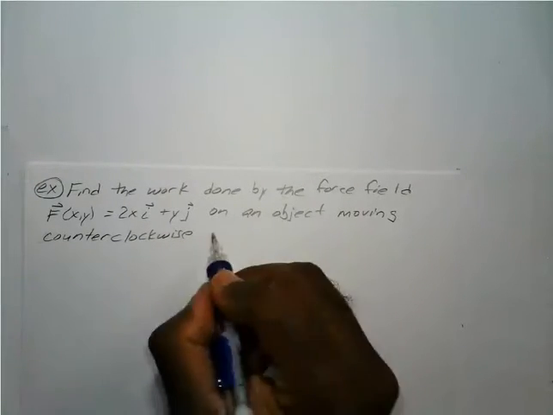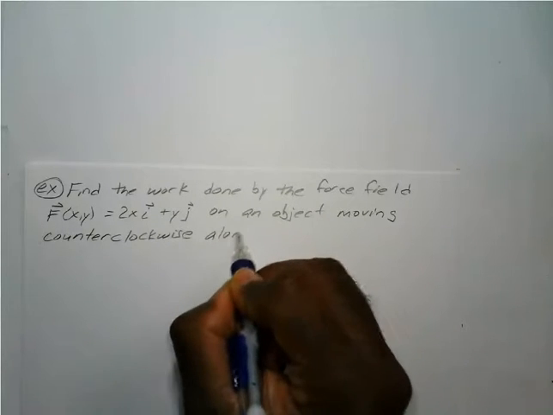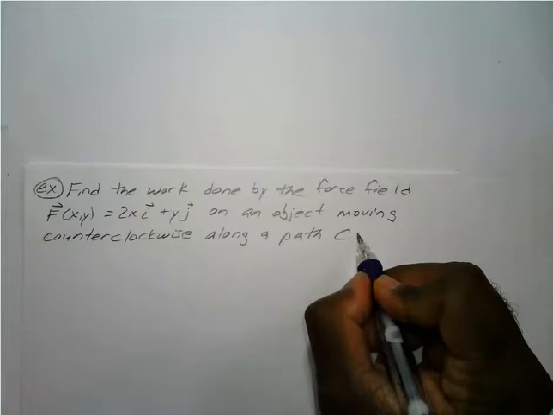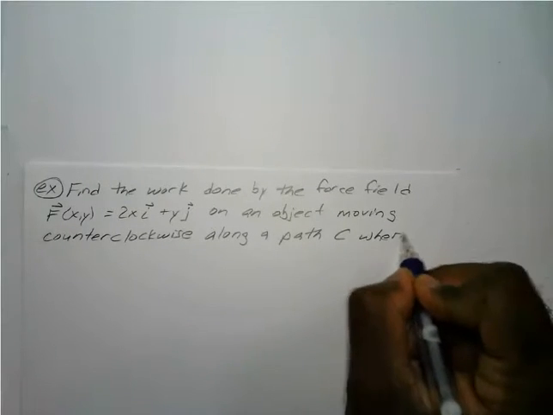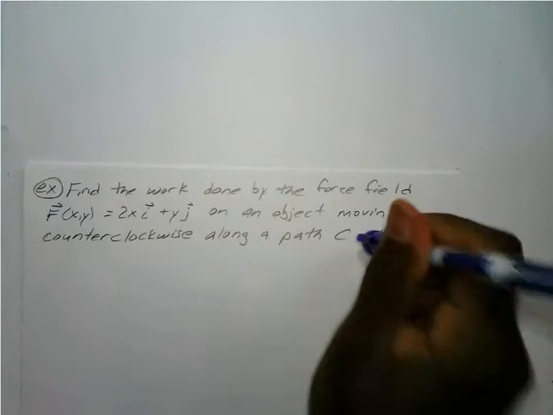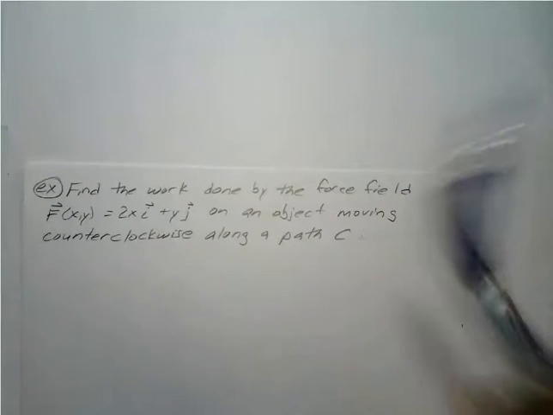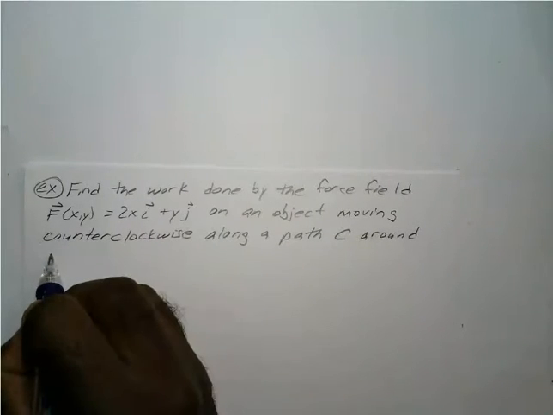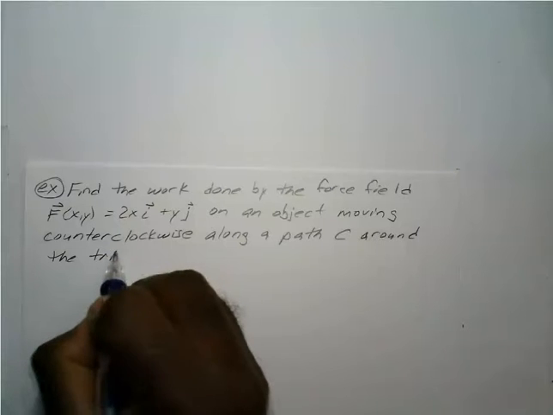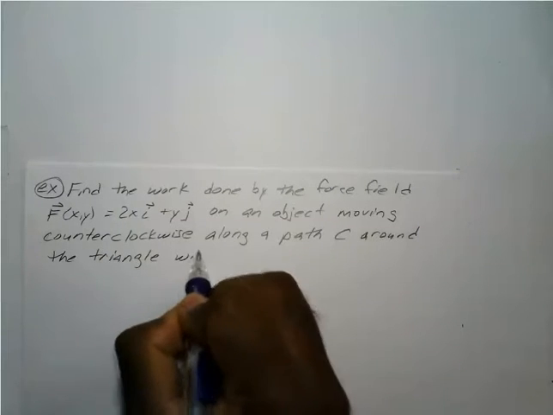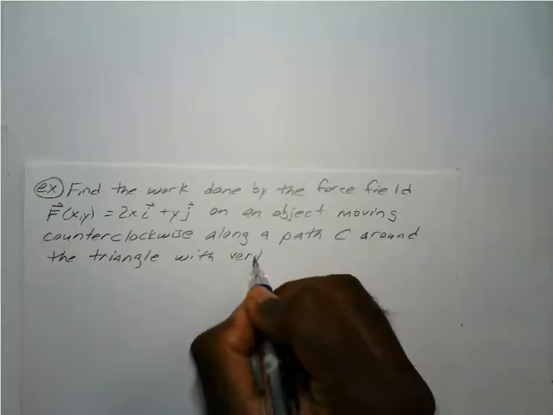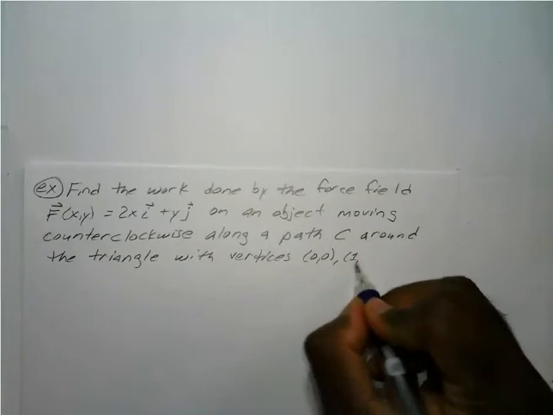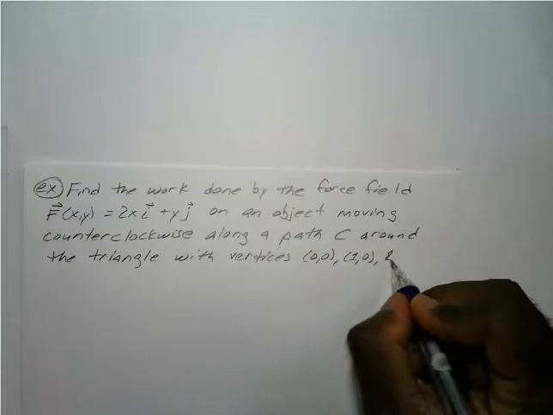Counterclockwise along a path C. Not where, but around the triangle with vertices (0, 0), (1, 0), and (1, 1).